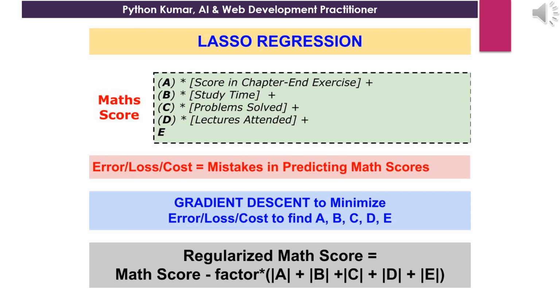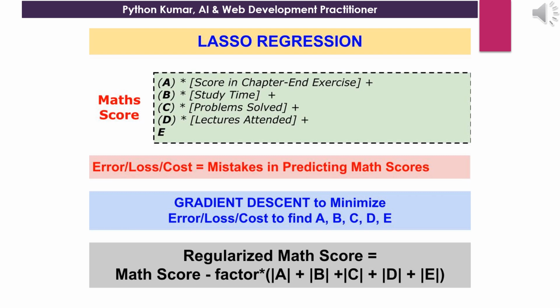That is, I subtract the importance I give to the individual score in mathematics chapter and exercise, the importance I give to the study time, the importance I give to the problems I solved.